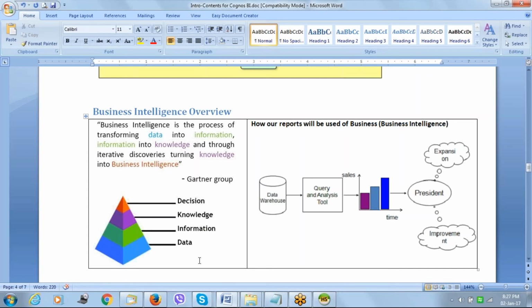For example, sales of umbrellas in the complete year: we get some quantity, say 1,000 umbrellas sold in the year 2016. Then sale of umbrellas month-wise. When you see month-wise, in June and July the sale is more. So from the data, when we get a report, we get some information: in June and July there are more sales.